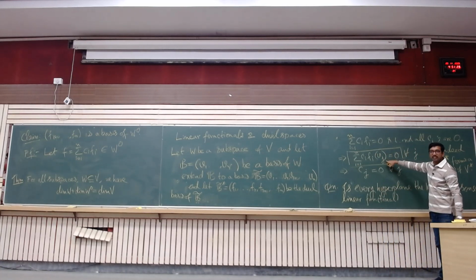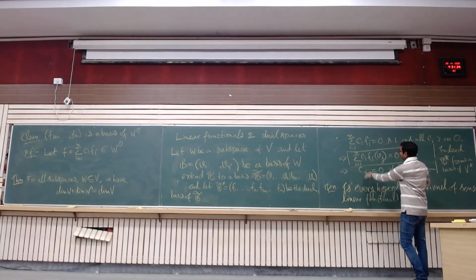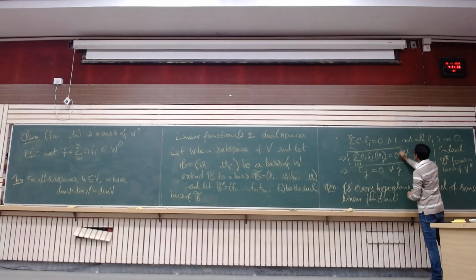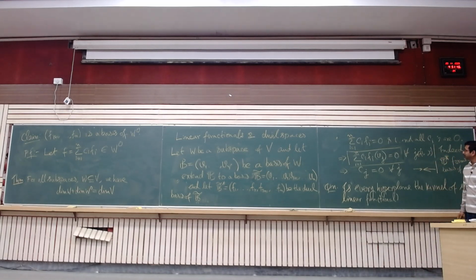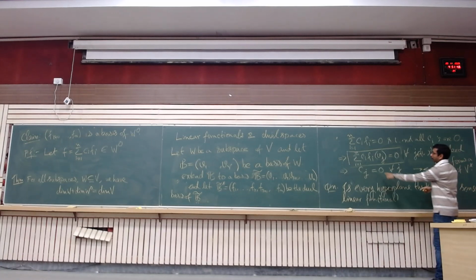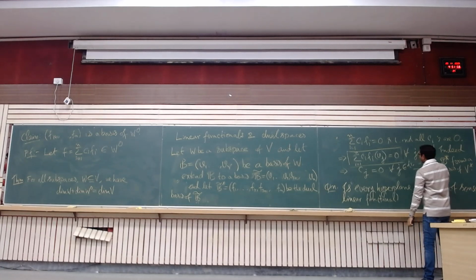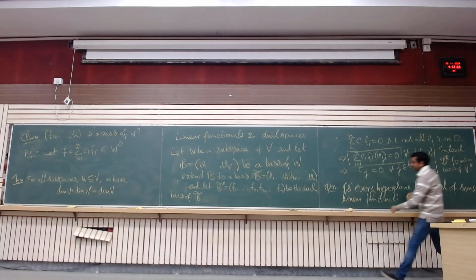If we evaluate it at Vj, since that is in W annihilator, we are having that the sum of Ci fi of Vj is equal to 0 for all j in 1, ..., r. And what does that mean? This is just equal to Cj, right? So that implies Cj is equal to 0 for all j in 1, ..., r. We have such an expression, right?